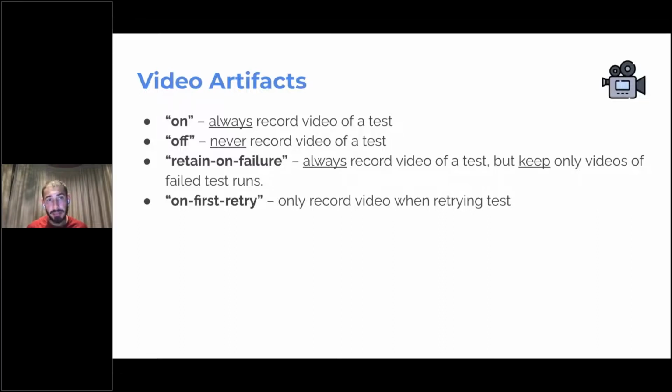So this way you have a consistent behavior, but it takes a lot of resources to record and store videos. And finally, we have on-first-retry, which records a video only when we do the first retry of the test. Well, as I said, we don't recommend enabling videos because tracing is nicer, way nicer.